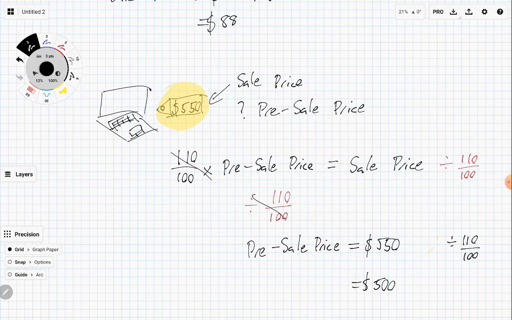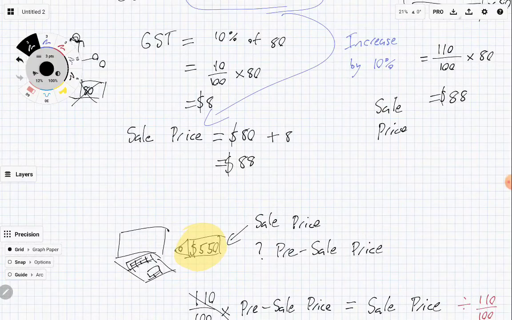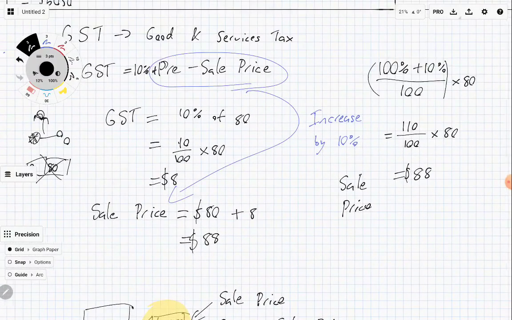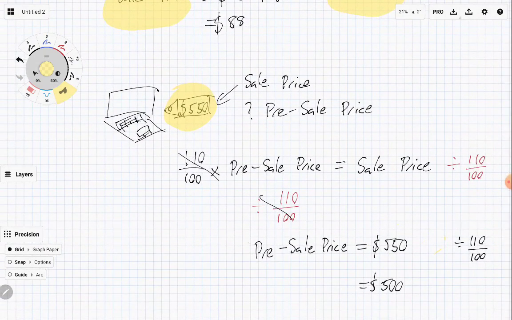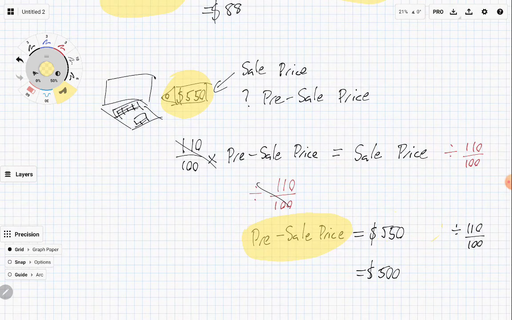Alrighty. So that was going forward, calculating GST, calculating the sale price, quickly calculating the sale price, and calculating the pre-sale price off the sale price.